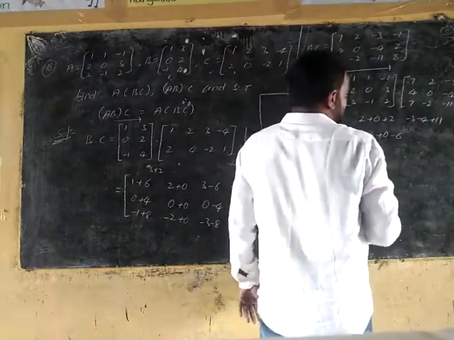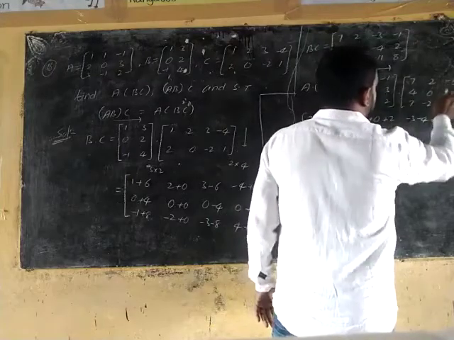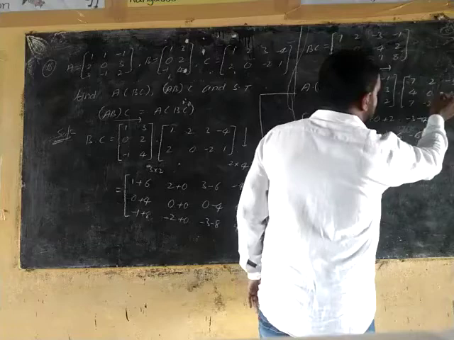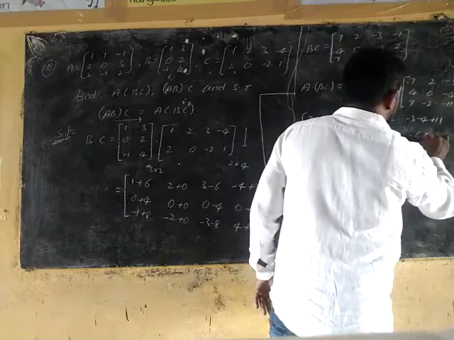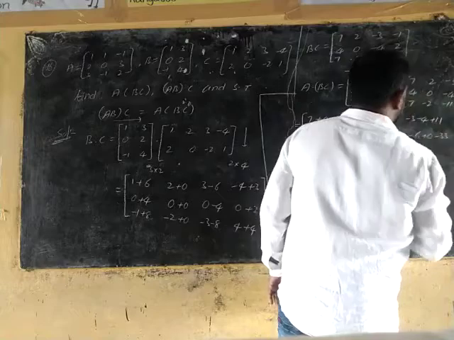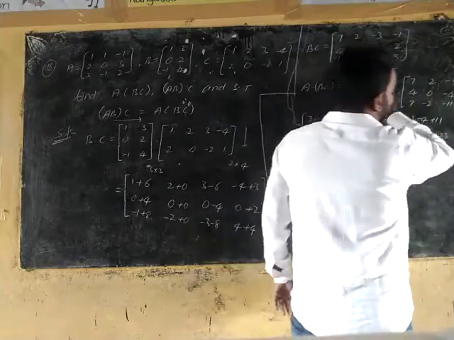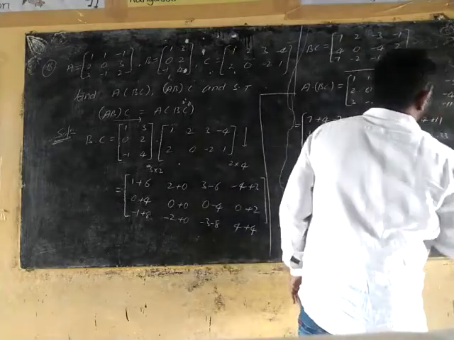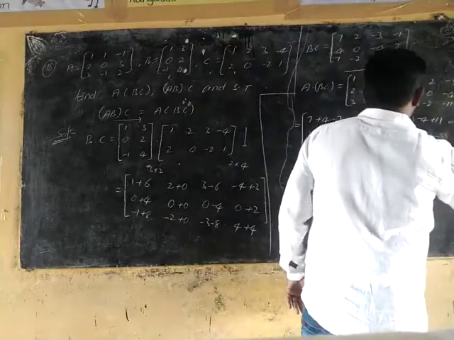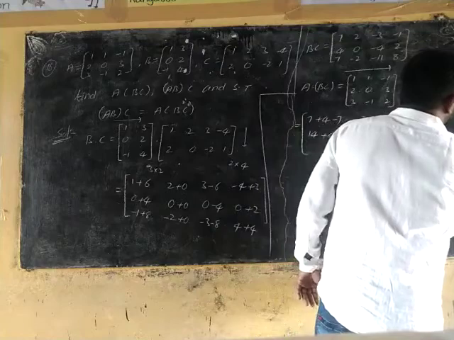Next, second row, third column: 2 into minus 3, minus 6. 0 into minus 4, 0. Next, 3 into minus 11, minus 33. Next, 2 into minus 1, minus 2. 0 into 2, 0. 3 into 8, 24.